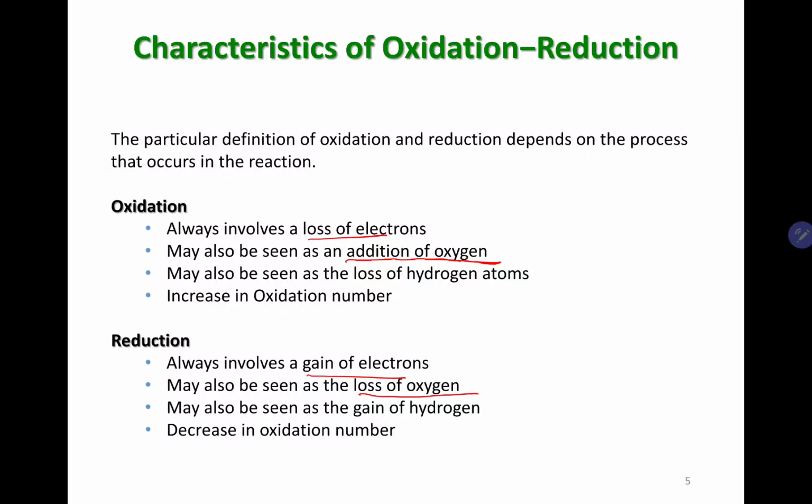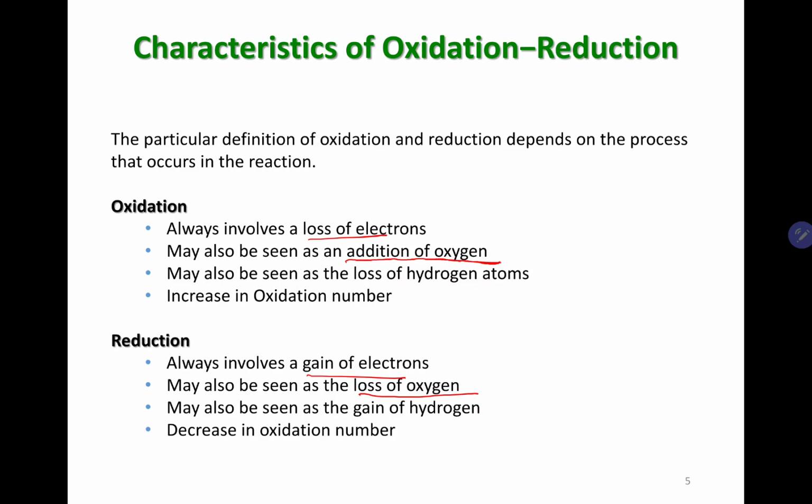So if you don't want to worry about the electrons, you can easily figure out what happens to oxygen. So if a half reaction, or a part of our reaction, adds oxygen, we can say that part of our reaction is oxidation. And if the other half is losing oxygens, we can call it reduction.